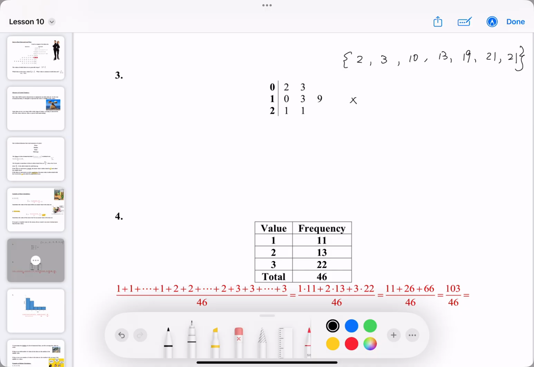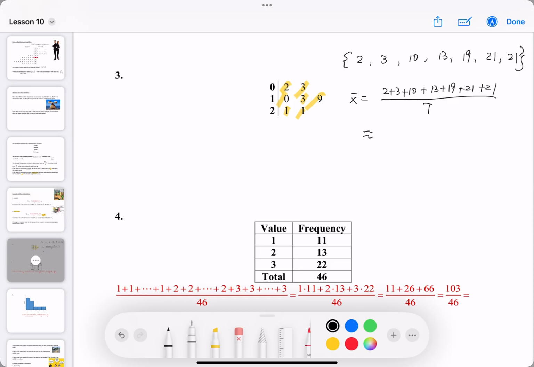Okay, looking for the mean. Let's add them together: 2 plus 3 plus 10 plus 13 plus 19 plus 21 plus 21, all divided by how many values there are in this data set. We just count the leaves: 1, 2, 3, 4, 5, 6, 7. So we have 7 leaves. Do the division.